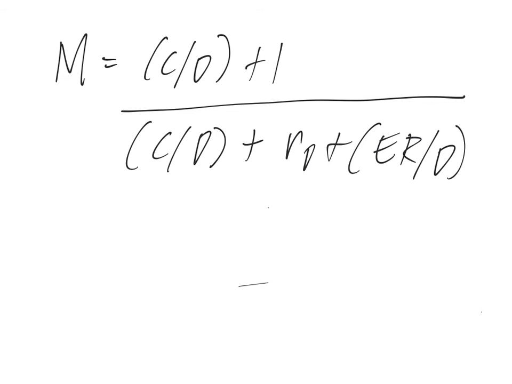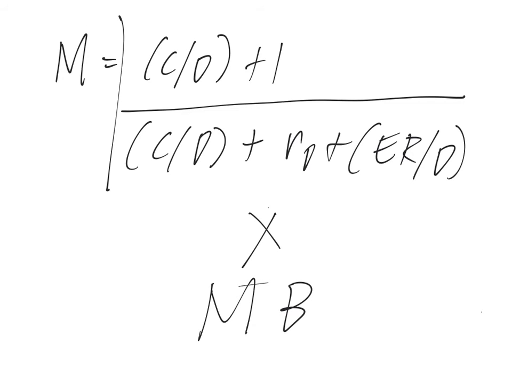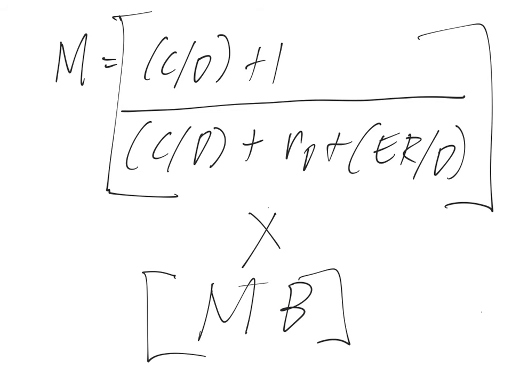This top expression gets multiplied by the monetary base, and that determines the money supply. The monetary base there is like the $100 increase of new money, of reserves from the Fed, okay? And that top expression is the multiplier equation, the multiplier factor.